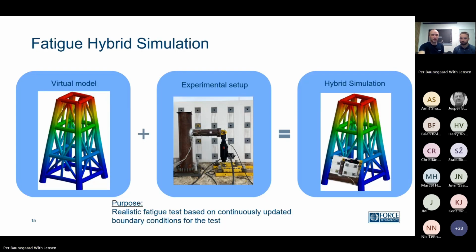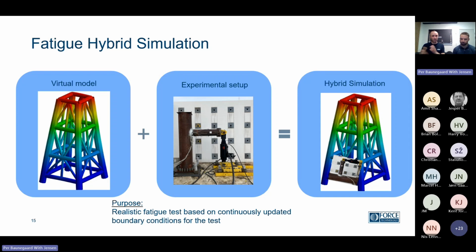But if we show you this slide here again with the virtual model of a jacket structure, the experimental setup here, we'll call this a T node due to the vague resemblance to a T. It's a 90 degrees joint between 2 pipes. And then we have this overlay of the two on the right side, in that we have the location of the T node down at the bottom of the jacket.